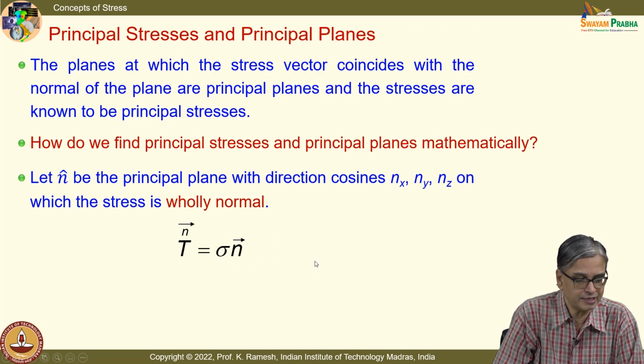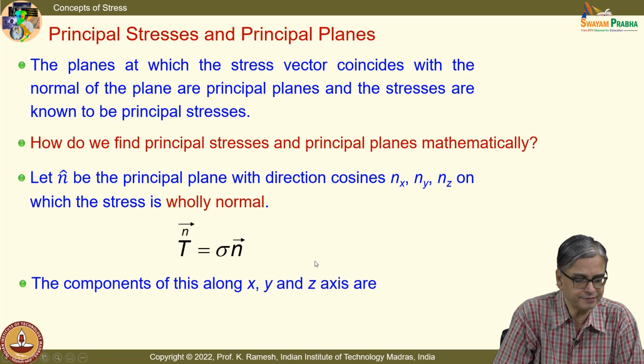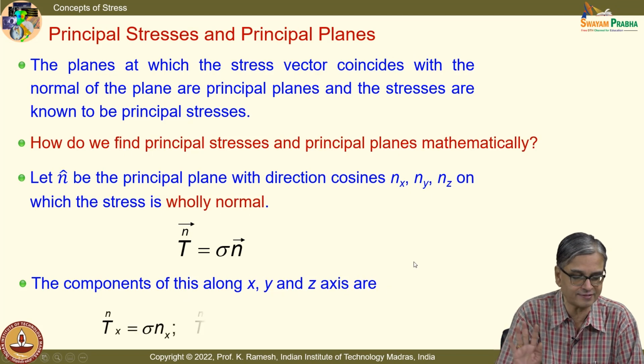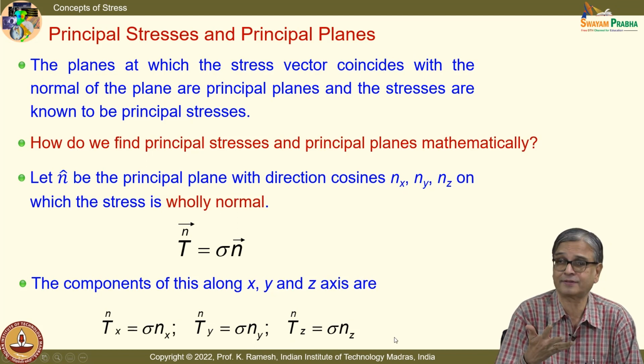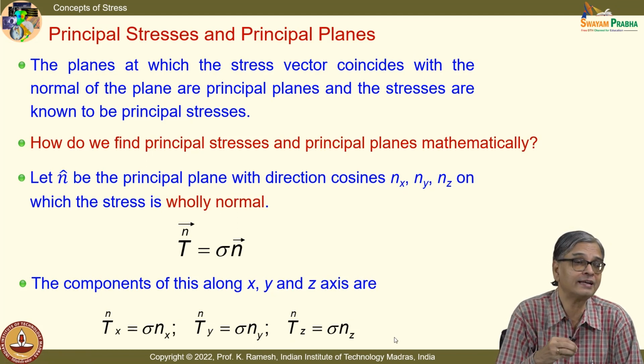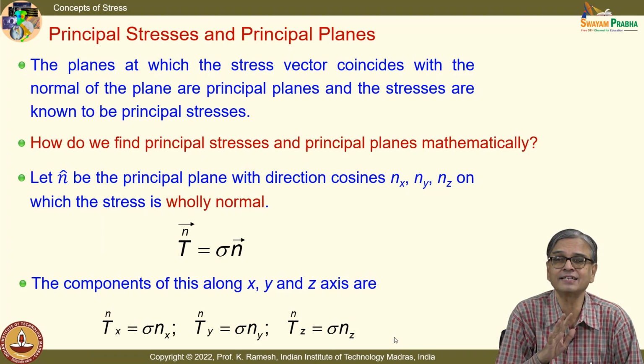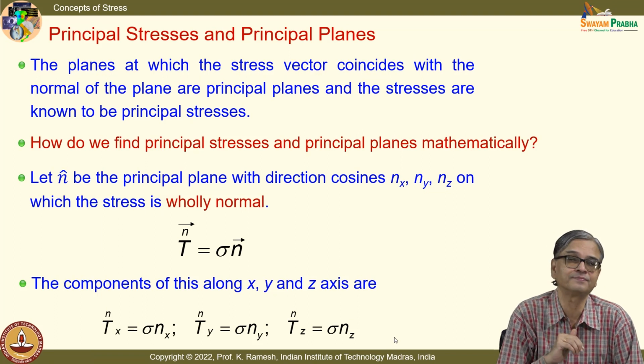I have Tn equal to sigma n, and the components of this along x, y and z axis are, we have specified this. The x component is sigma n x, the y component is sigma n y and the z component is sigma n z. This is what I want. What is unknown here is the direction cosines nx, ny and nz.